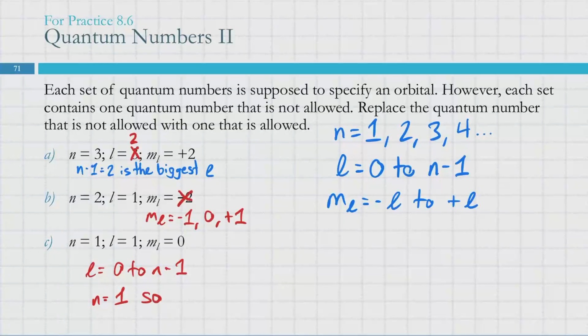N equals 1, so L equals 0 to 1 minus 1, which is also 0. So L would have to be 0. And if L is 0, M sub L can be 0. So that number would be fine.